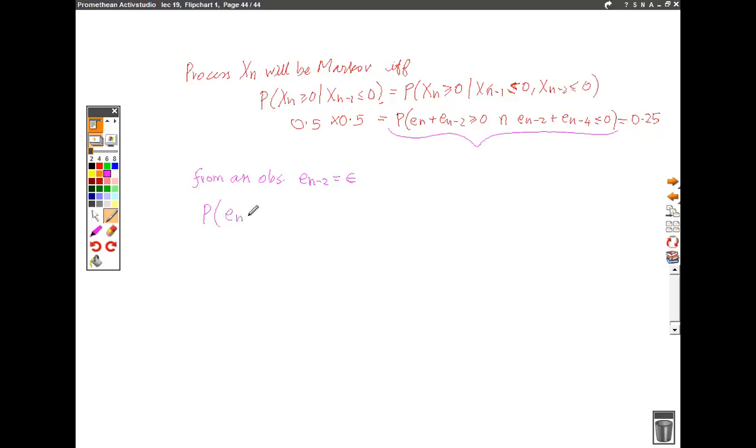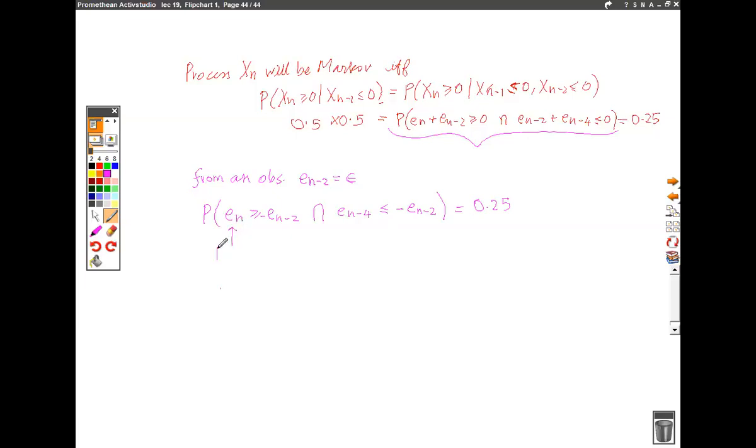So what I will do is I'll write En greater than or equal to minus En minus 2, intersection En minus 4 being less than or equal to minus of En minus 2. And now I want this thing to be equal to 0.25.